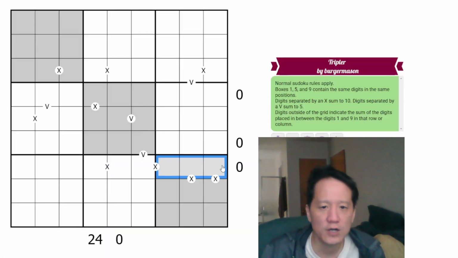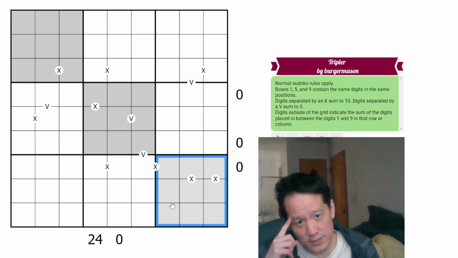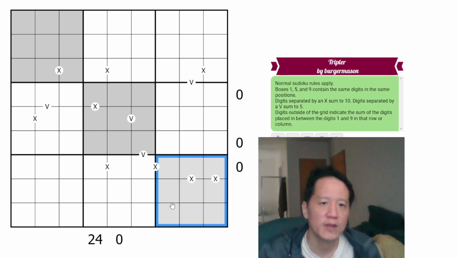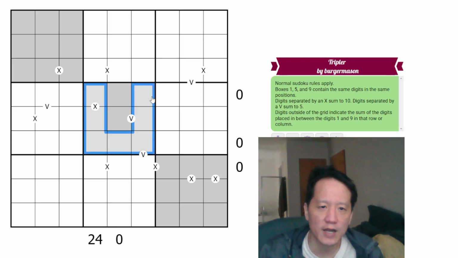Okay, the immediate thing that I see, the thing that's most limiting and the thing that I would attack first, is that boxes 1, 5, and 9 have to be in the exact same order.